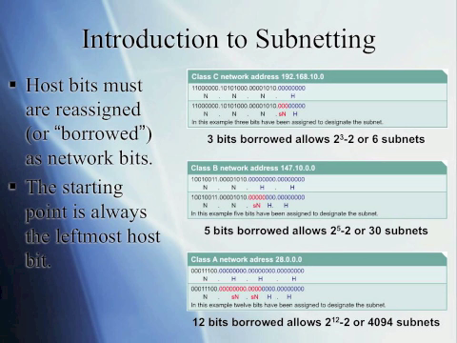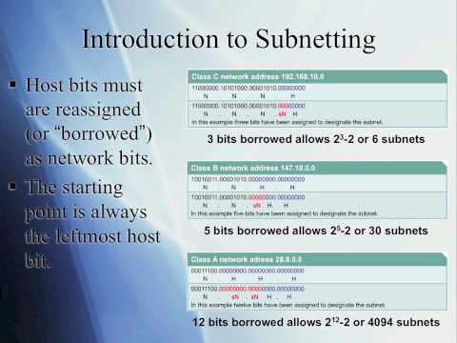That creates 8 networks. 2 to the power of 3 is equal to 2 times 2 times 2. So 2 times 2 is 4, times 2 is 8. So we have 8 total subnets that we are creating inside of the 192.168.10 network. And we're going to go over these examples. I just want you to start seeing the bits and understand some of this terminology that we're throwing out here.